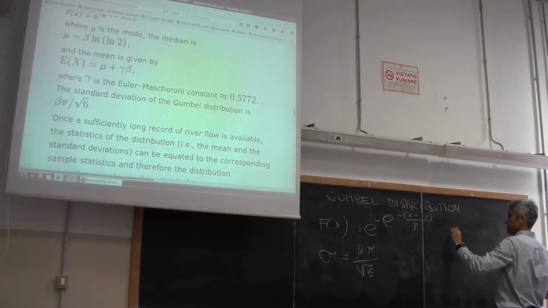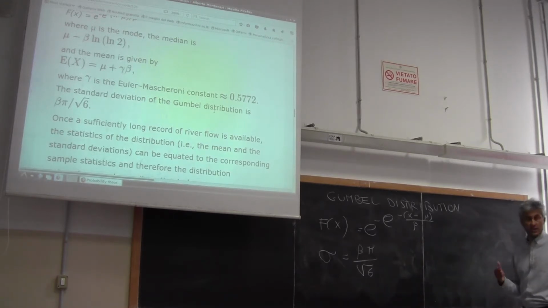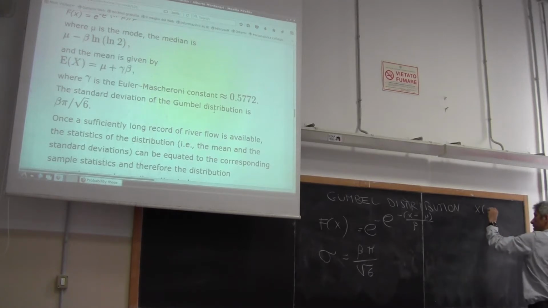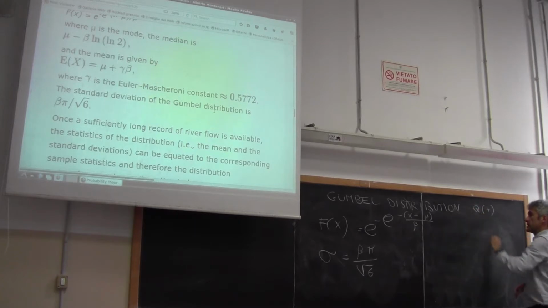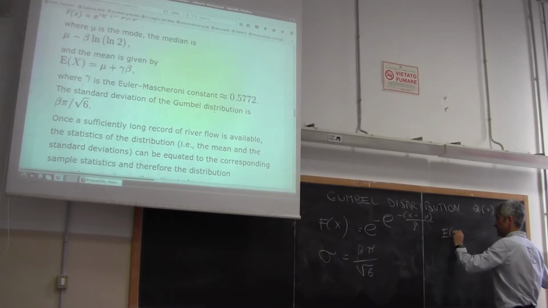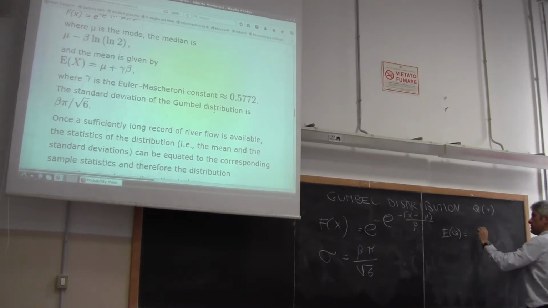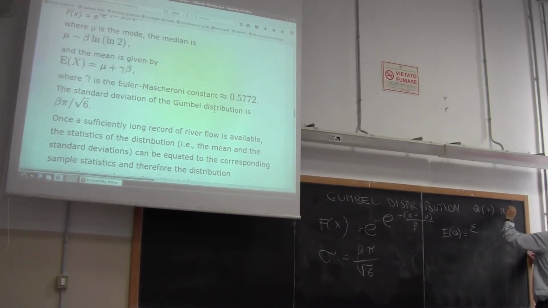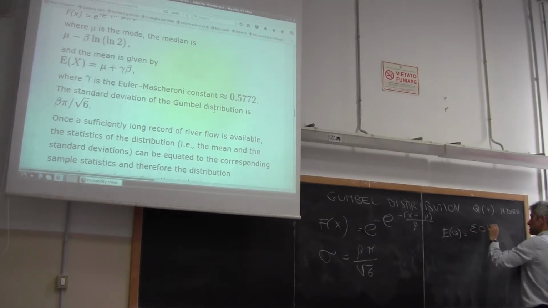Let's suppose that we have a sample Qt of annual maxima. The average is, of course, given by the summation of Qt, and the sample is n data. N is the number of observations that we have. And the average value, of course, is the summation of Qt divided by n.